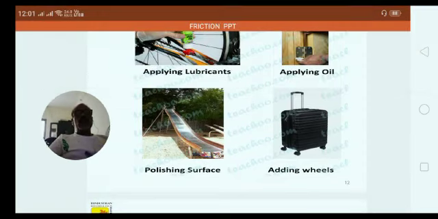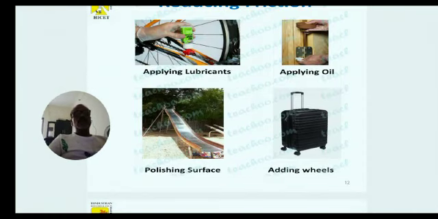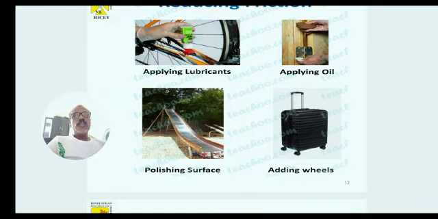And then polishing the surfaces. A rough surface, not 100% smooth, when human weight acts on it and it is continuously used, the frictional output gives wear and tear. So we have to avoid the wear and tear; we have to polish the surface.